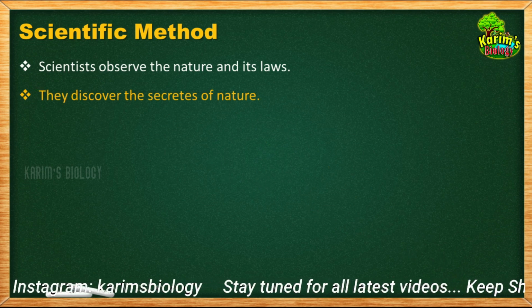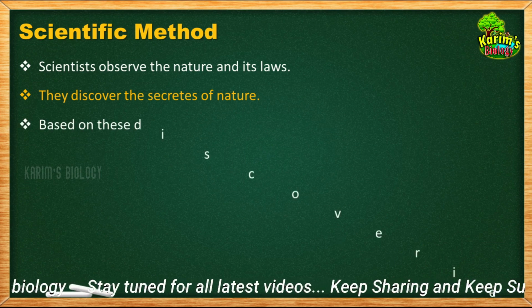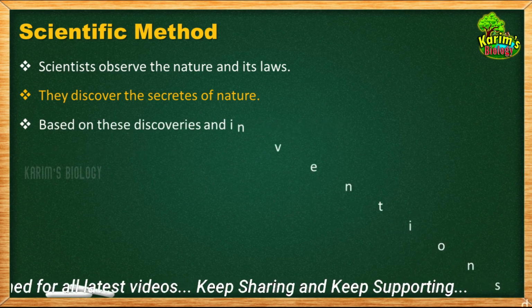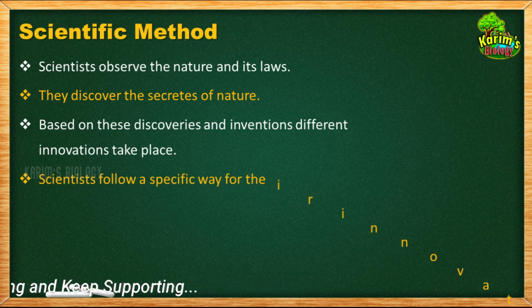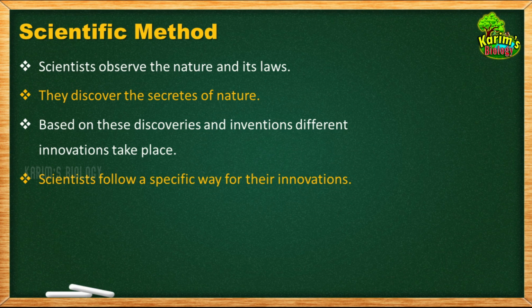And what the scientists do, they discover the secrets of nature. Based on these discoveries and inventions, different innovations take place. But do you know, children, how the scientists discover and make inventions like this? Do they follow any specific way? Do they have any specific style of working? Yes, children.